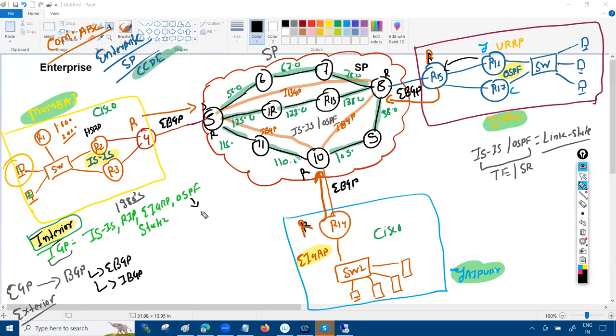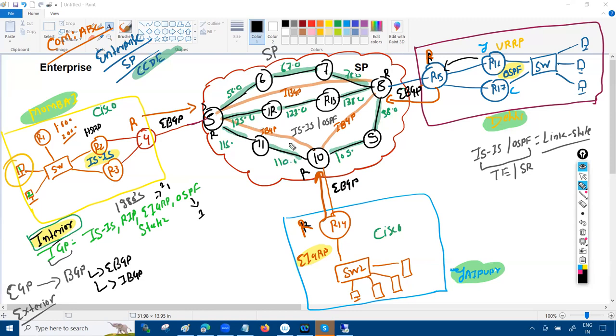The TTL value of the OSPF protocol is 1, the default TTL. And the TTL of the EIGRP protocol is what? 2 and 1. 2 is for the older IOS version and 1 is for the newer IOS version. How about the TTL of the IBGP? You can manipulate that TTL. So you do have an ability to form the indirect neighborship between R5 to R8. It doesn't matter how many hops are in between. That is not possible in the case of OSPF and ISIS protocol.